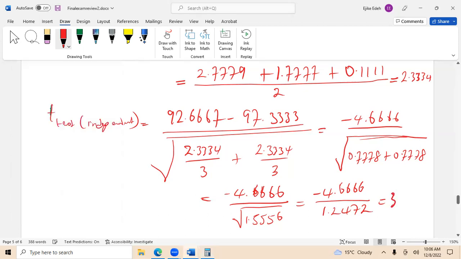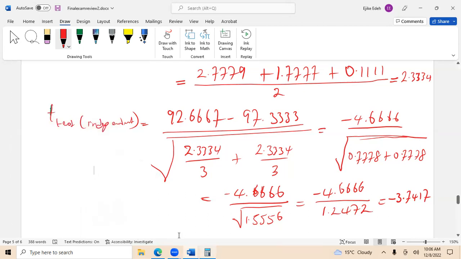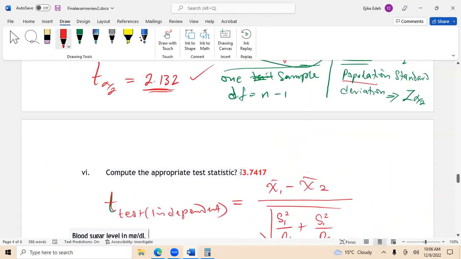But we remember our negative number, and we don't want to forget that, so let's write it down first. This gives us negative 3.7417. Let's be sure that is what we have. Negative 3.7417, okay. So that is your test statistic, right? I hope it matches what we have earlier in the answer key. So yeah, that is what we have here.